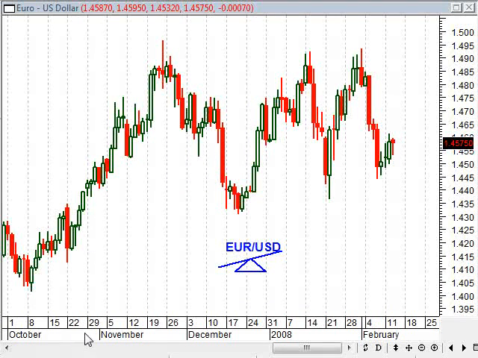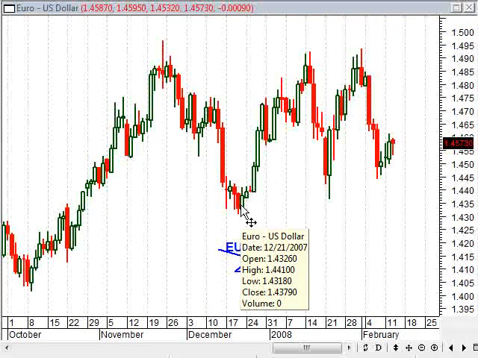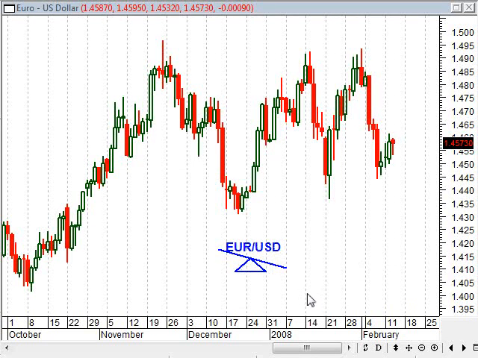So you can see over the months of October and November, this seesaw was tilted in favor of the euro, a stronger euro compared to a weaker or lighter dollar, and the exchange rate was rising. Subsequently, from mid-November through mid-December, we saw that the fundamental weight of each one of these currencies shifted in favor of the dollar. So we saw the dollar gaining in strength against the euro, and it was shifting this seesaw down.